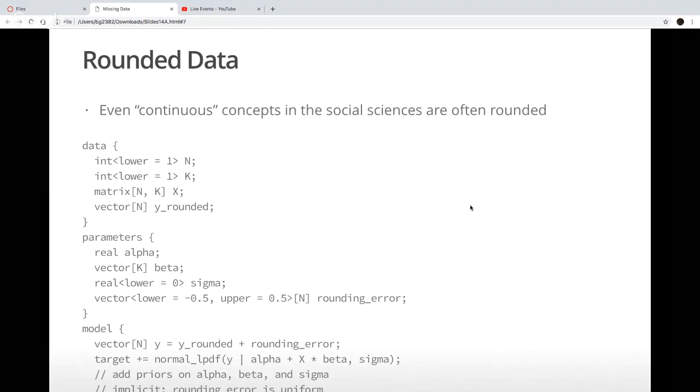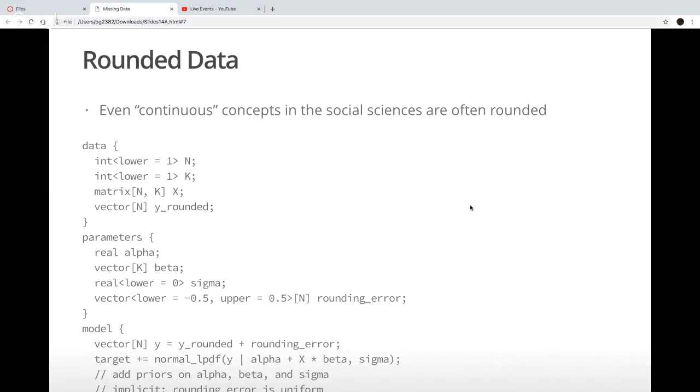I wouldn't worry about cents being rounded to the nearest dollar, but if the rounding was enough to matter, that could easily be handled in a Stan program, or this could be generalized fairly easily to any other data generating process that's interval censored. So like the lower bound and the upper bound of the true data value, but you don't know exactly what it is. You only know that it lies within one interval.